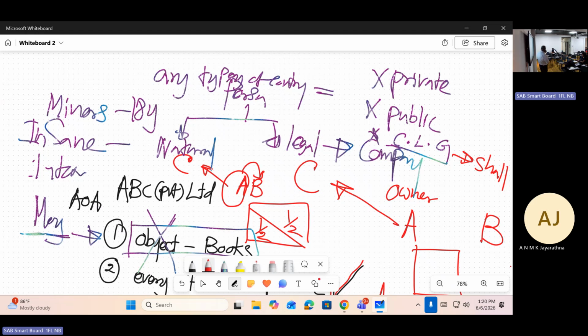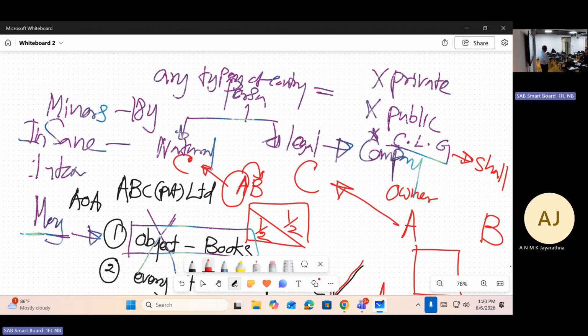And according to the articles, the company cannot pay any dividends, and all the income is utilized to promote the objects. If these three conditions are met, then the registrar will grant a license to the company to be registered as a limited liability company, but without the addition of the word limited.